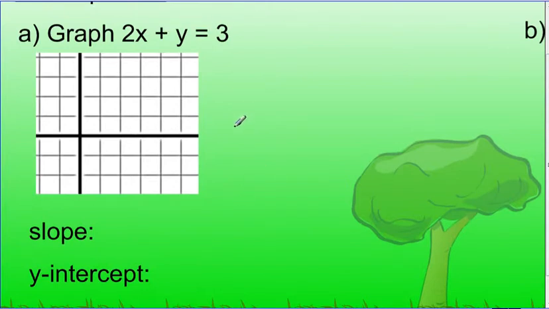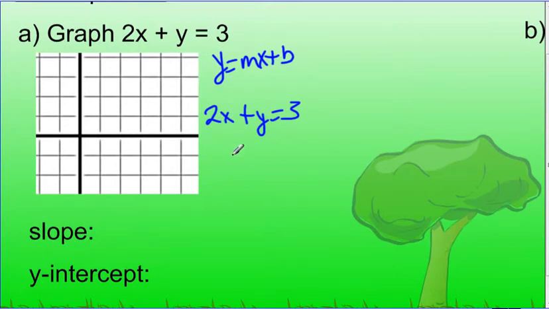Okay. So the first thing we got to do is we got to make this thing look like slope-intercept form. So we want y equals mx plus b. We don't have it yet. So let's see here. Well, we need to solve this thing for y. There are no parentheses, there's no like terms, no same variable on both sides.